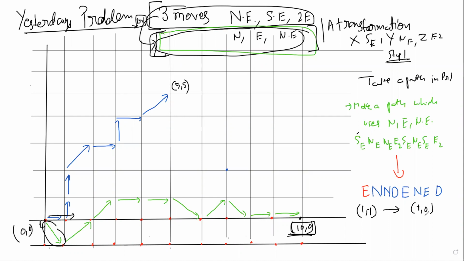So the 1 comma minus 1 force, this direction force, is getting transformed to this. Similarly, when you do a 1 comma 1 force, that is getting transformed to 0 comma 1. Similarly, when you're doing this 2 comma 0 force, which is the e2 move, that is getting transformed to 1 comma 1. This is what we are doing, right?